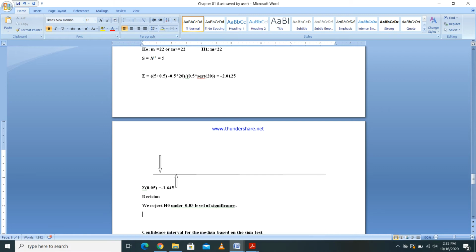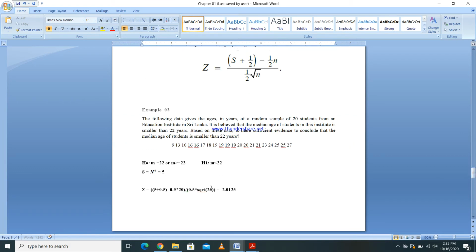If we reject H naught, the claim is true. So we are left with the median value being less than 22. In other words, our claim is correct. As a conclusion, we can write that the median age of students in this institute is smaller than 22 years.